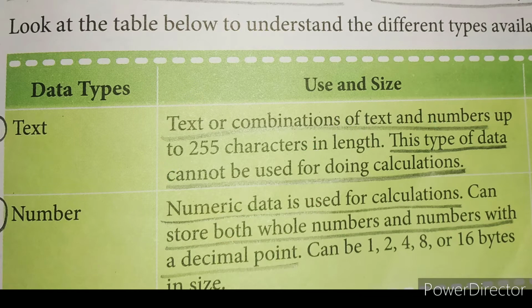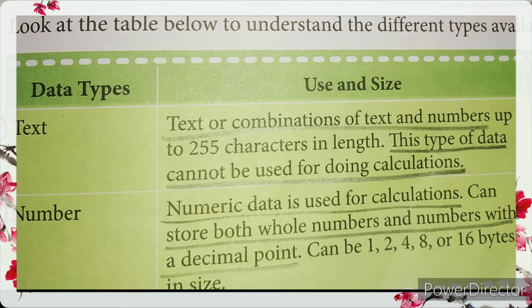Now, let us learn about the data types available in MS Access 2010. Data types. In a table, every field has some properties. The most important property of a field is its data type. The data type of a field determines the kind of value or data it can store.